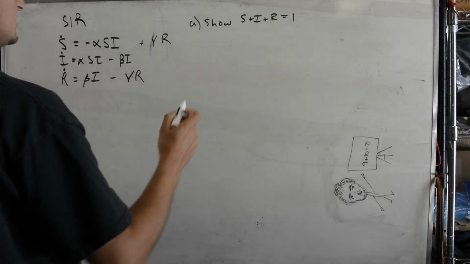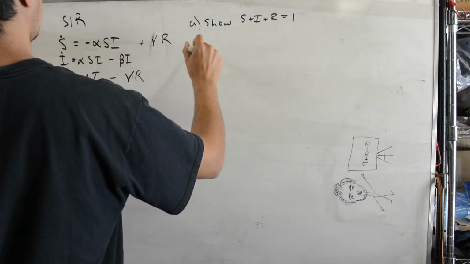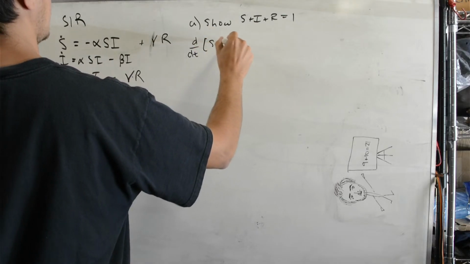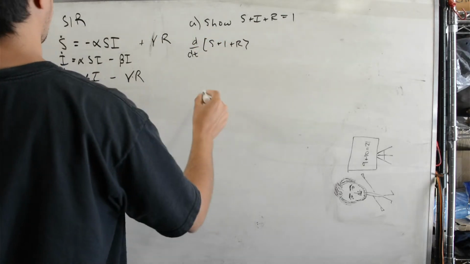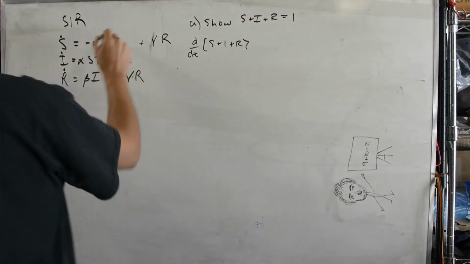So we assume that the initial condition does sum to 1, but now we just take d/dt of S plus I plus R, and we're going to get the same thing we did before, but I'll do it again. We get, just sum these three things.